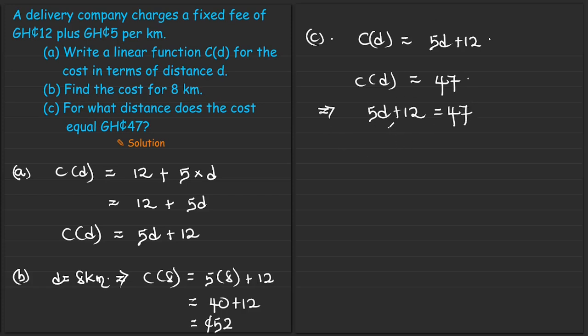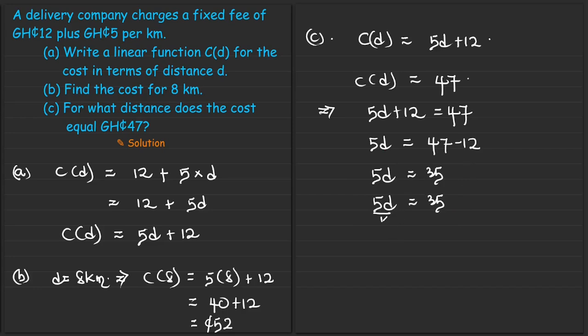Then all we need to do is make d the subject. We have 5d, subtracting 12 from both sides, we have 47 minus 12. So 5d equals 35. Making d the subject, we divide both sides by 5.